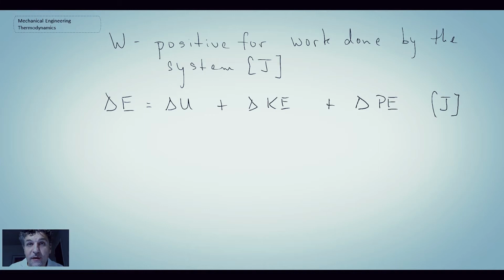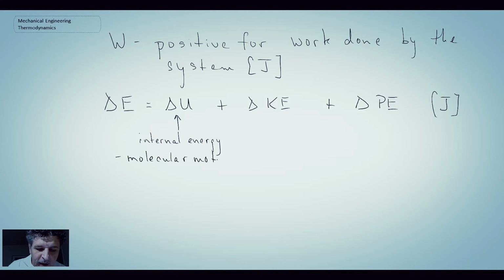Now, looking specifically at each of these, delta U, or the internal energy, refers to the internal energy of the substance or the matter that is part of our thermodynamic system that we're considering. And this would be in the form of molecular motion.